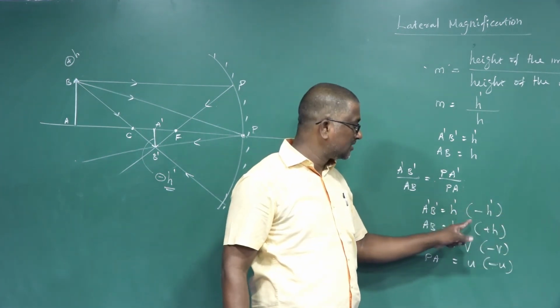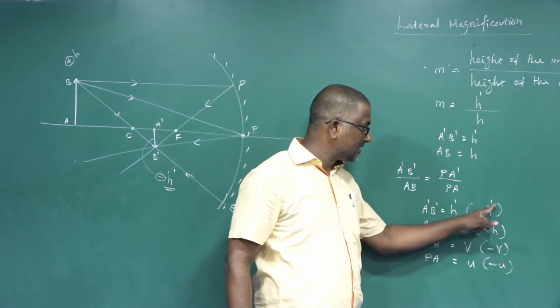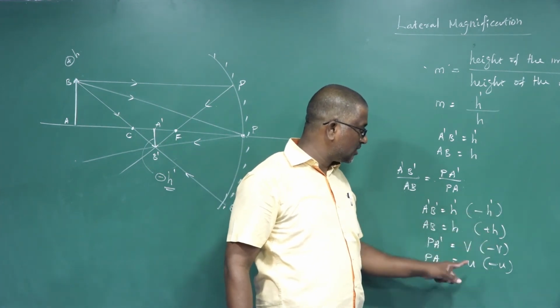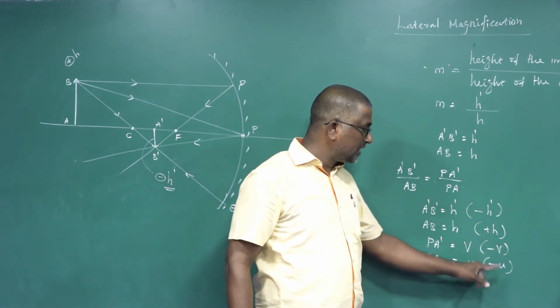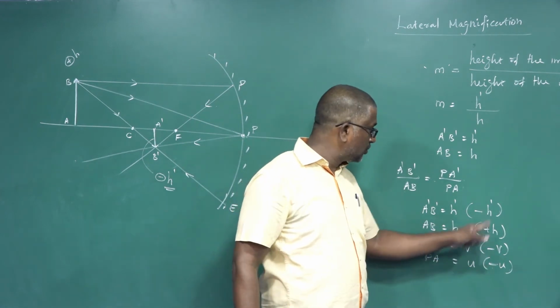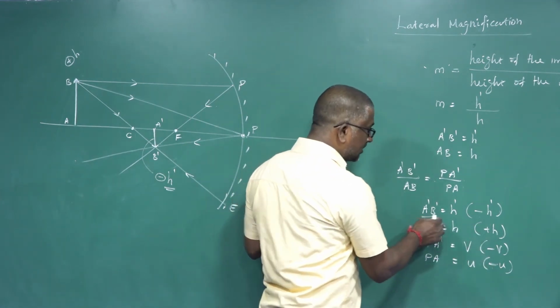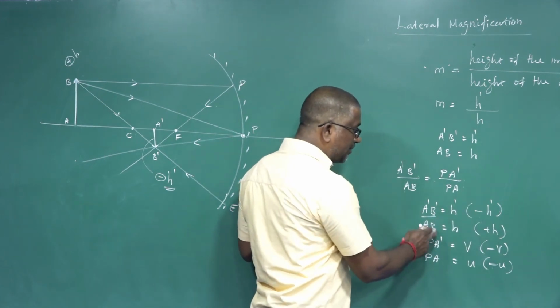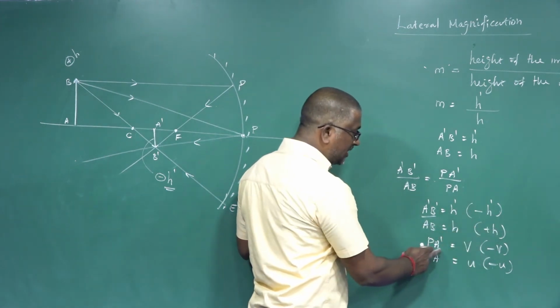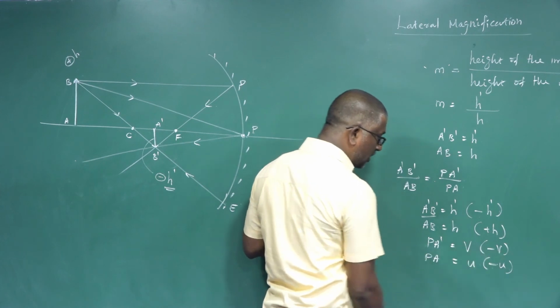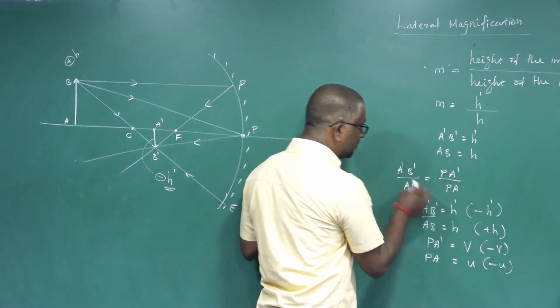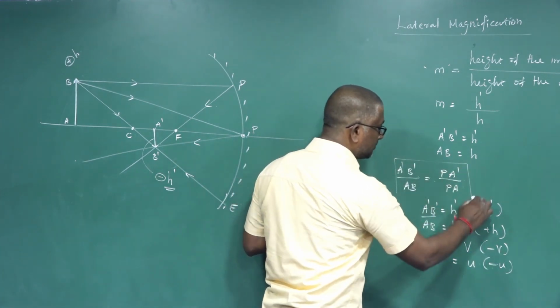After applying the Cartesian sign convention, h prime becomes minus h prime, h becomes plus h, v becomes minus v, and u becomes minus u. Substitute A'B' equal to minus h prime, AB equal to plus h, PA' equal to minus v, and PA equal to minus u in this equation.